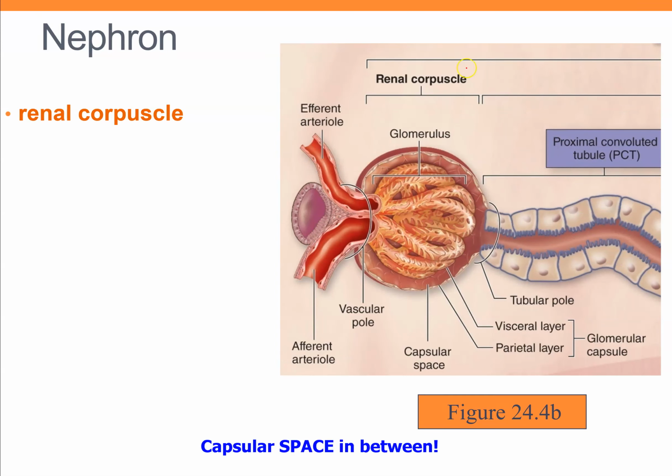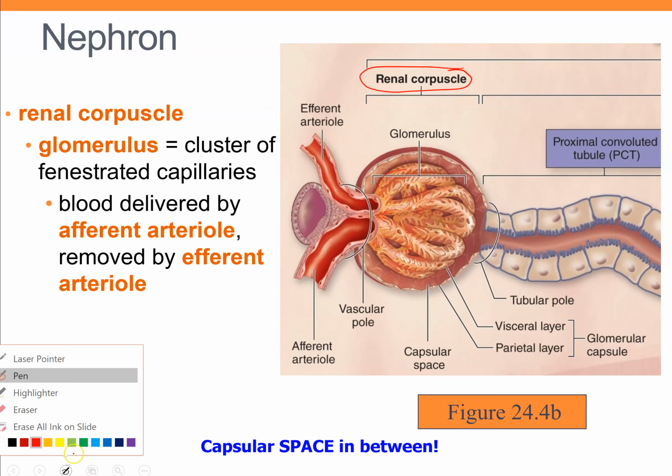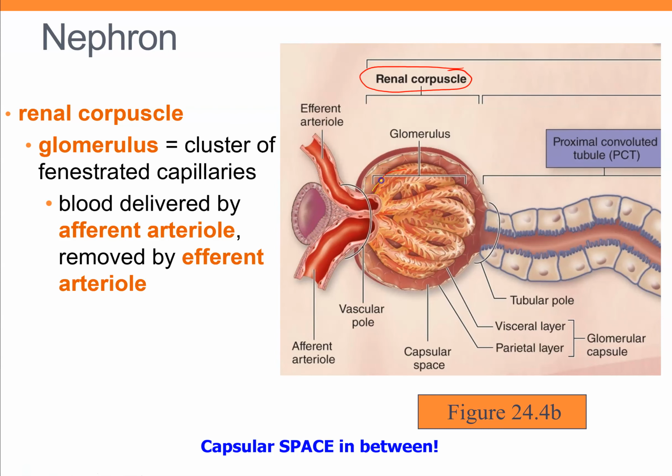This is the renal corpuscle of the nephron, and the structure that you see on the inside here. Let me get a different color pen. Inside here, all of this, this is the glomerulus. It's a whole bunch of capillaries, a big capillary bed that's enclosed in this spherical shape.